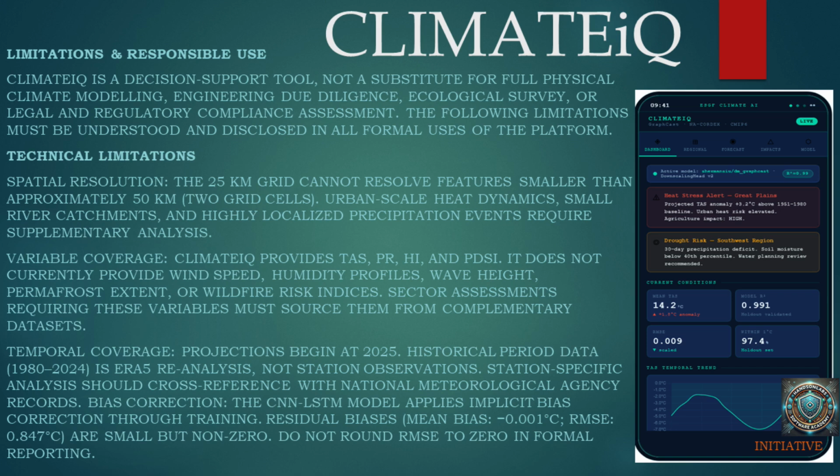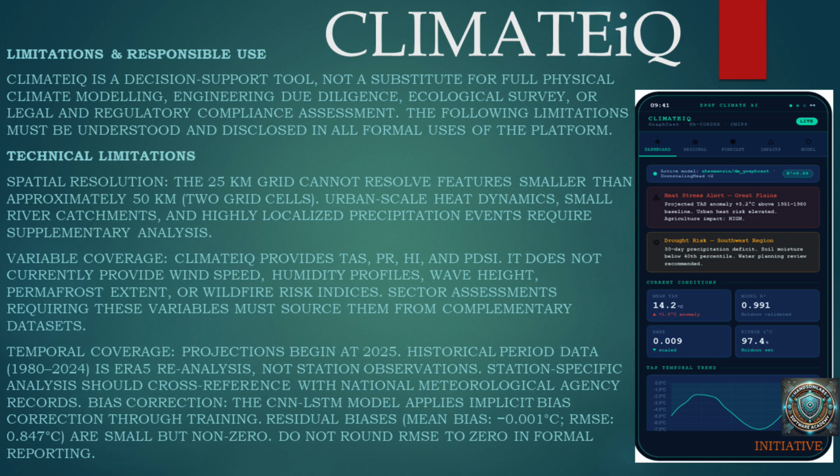The technical limitations: spatial resolution. The 25-kilometer grid cannot resolve features smaller than approximately 50 kilometers, the 2 grid cells. Urban scale heat dynamics, small river catchments and highly localized precipitation events require supplementary analysis.